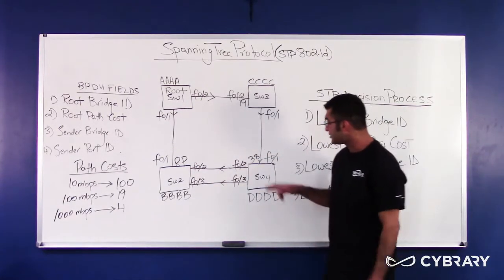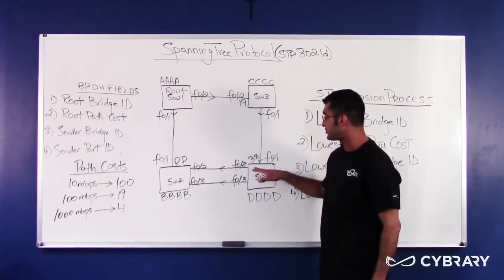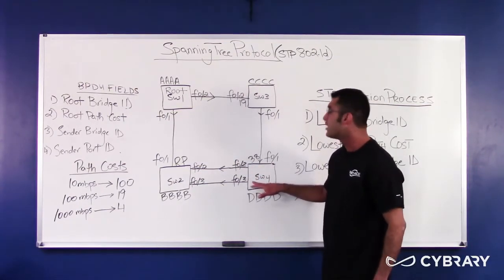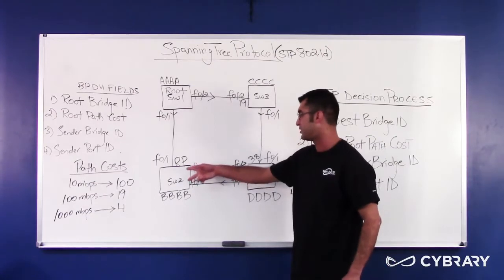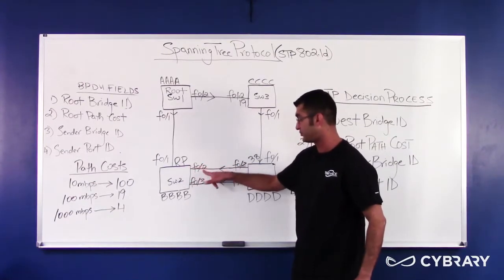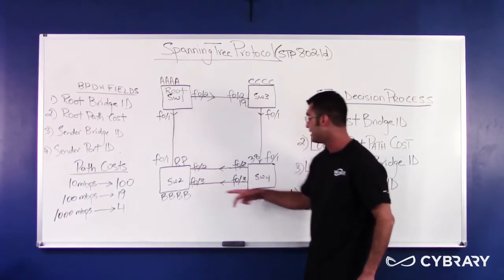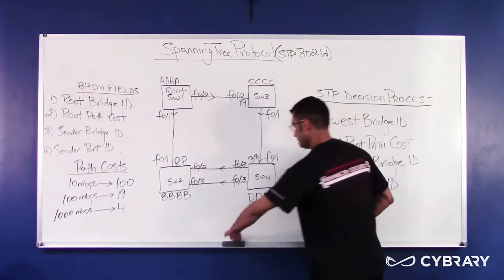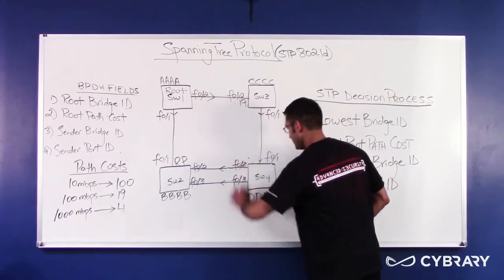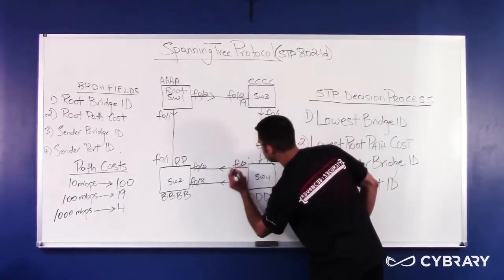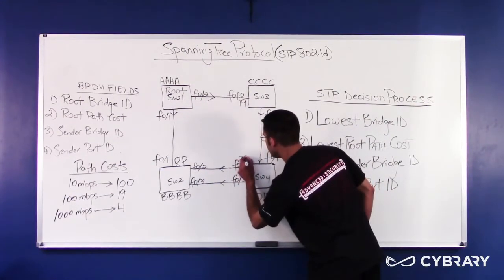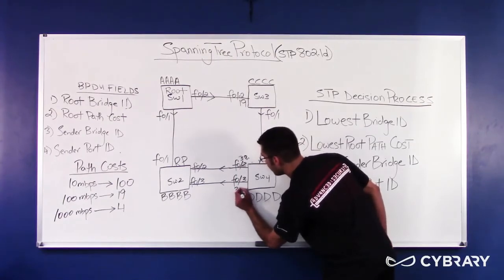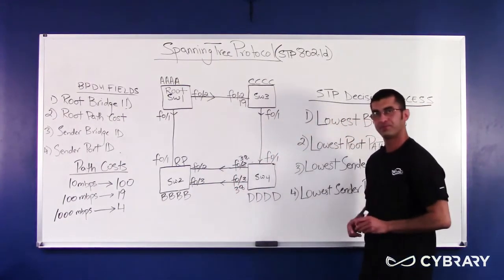The BPDU enters switch 4 F0/2 and F0/3 with a different sender port ID, because the sender port ID from switch 2 will be F0/2 and F0/3, and the cost on that BPDU is incremented once again to 38 on port 2 and port 3 of switch 4.